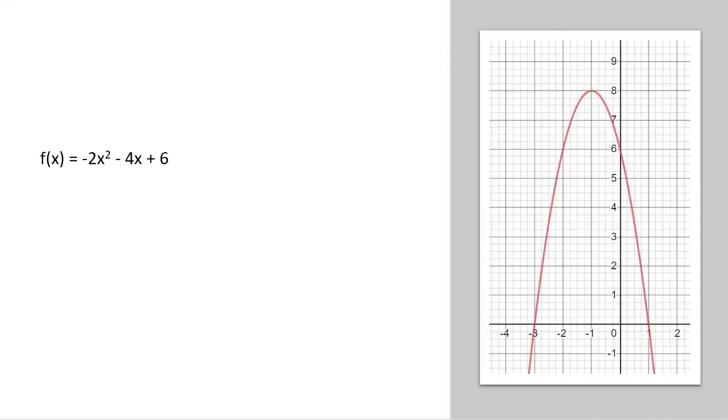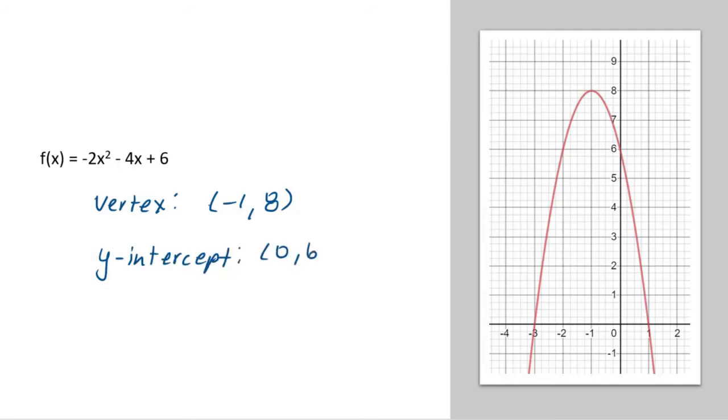So we'll use these key points to graph our parabola. We found that the vertex had a value of negative 1, 8. We have a y-intercept of 0, 6.